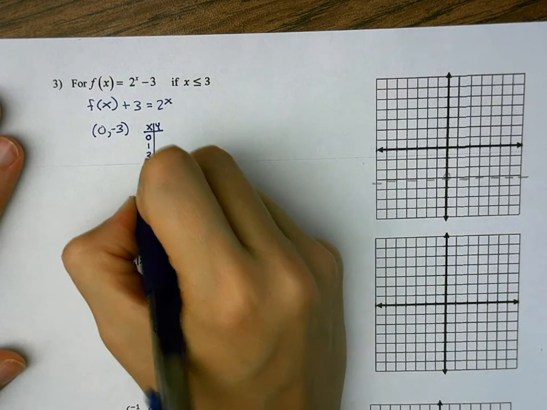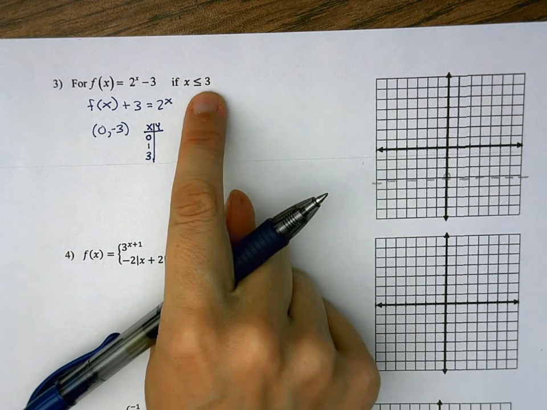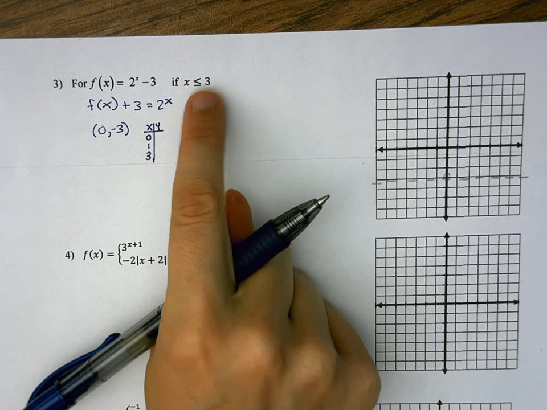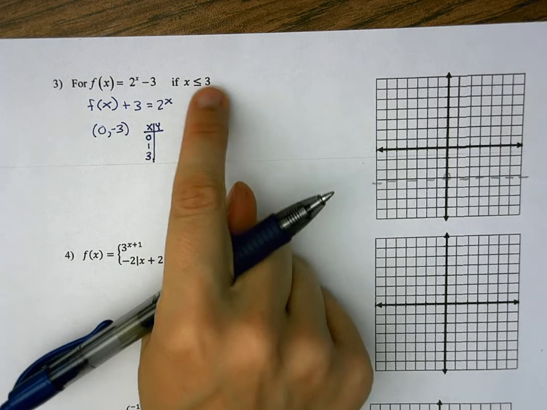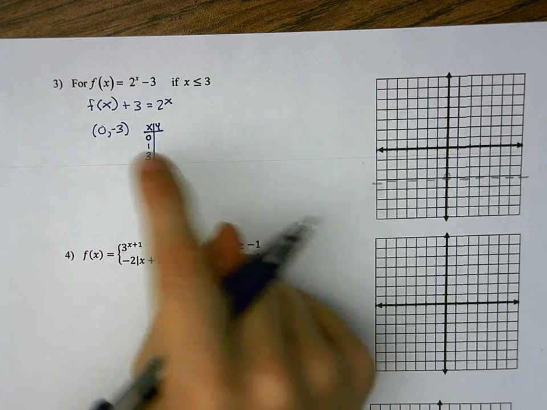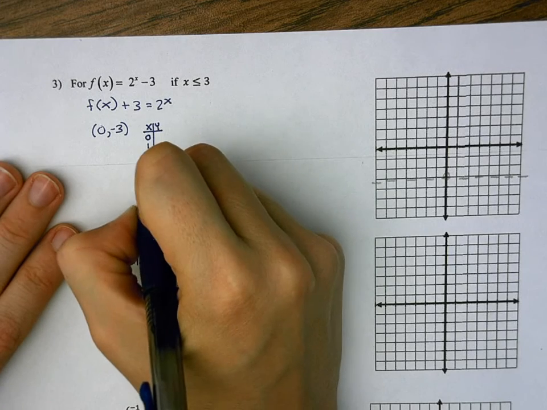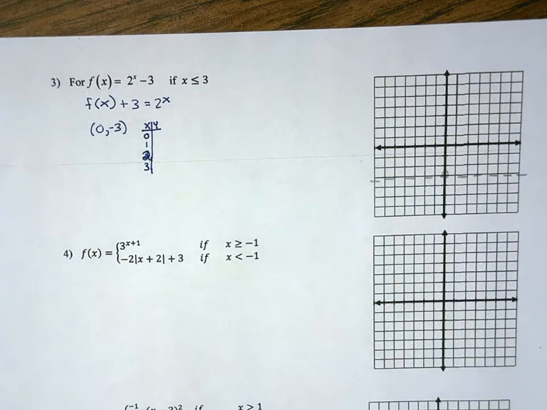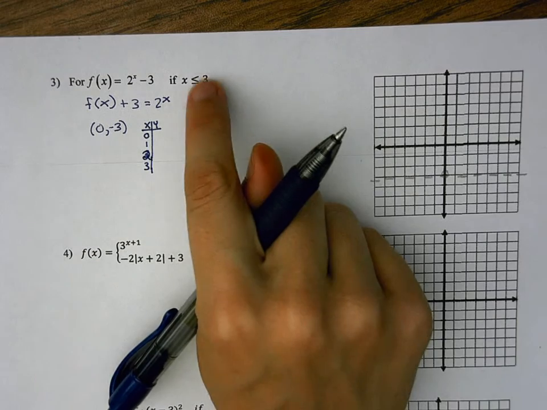I would probably recommend plugging in 3 just because that is where we are starting or ending our interval here, right? It's a value that for some reason this piecewise has decided to be concerned with, and so I'd probably plug in 3. And if it bothers you to have just 3 and not a 2, maybe you do 2 and then 3, right? Again, it's usually helpful to include the given points already.